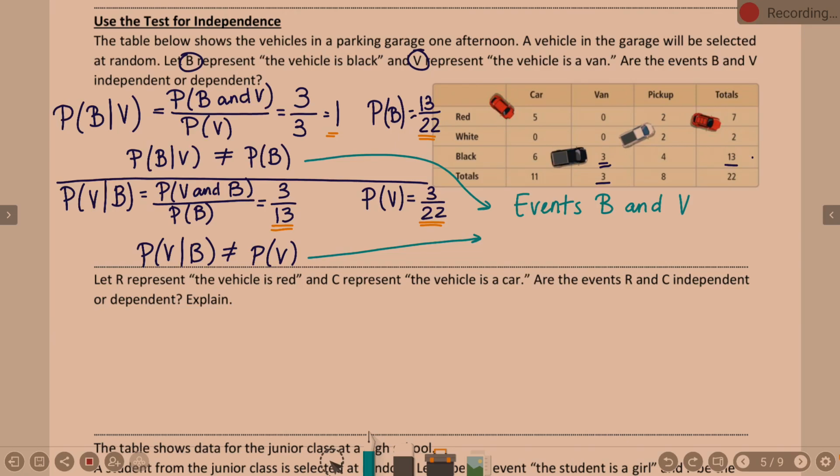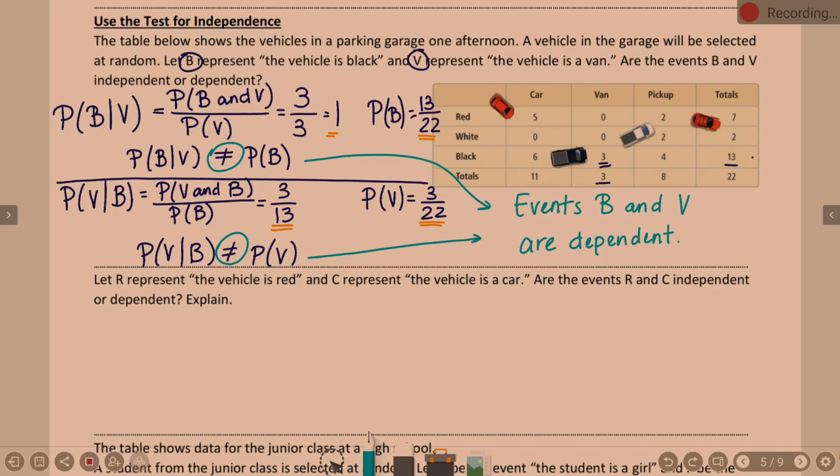Okay, they failed the test. They ended up not being equal to each other. They failed the test. They are dependent events.